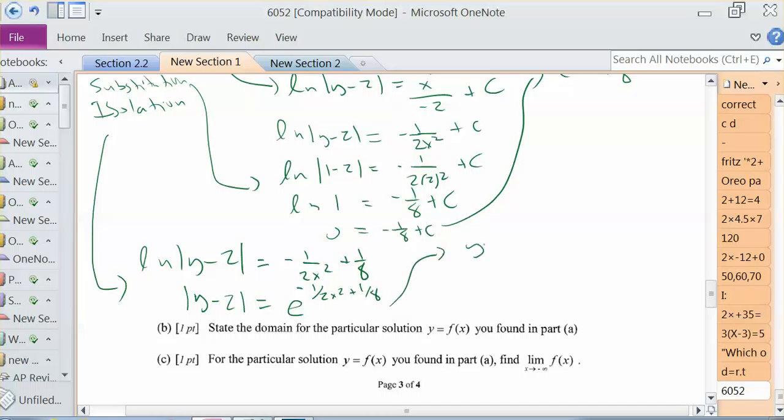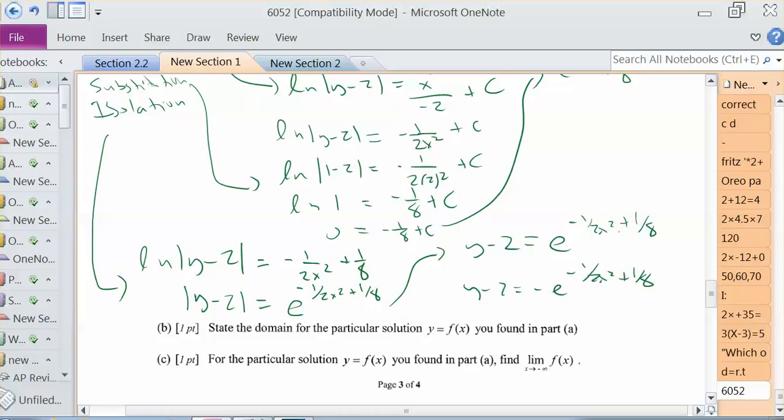So, of course, y minus 2 could be the positive or negative of that. Because when we plug a negative 2 in for x, we want y to be 1, because it could equal positive or negative of that e to whatever.